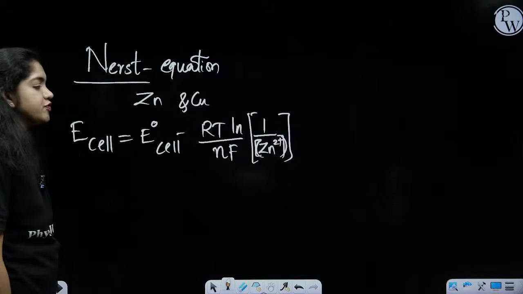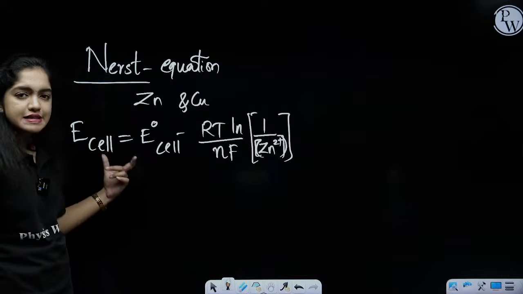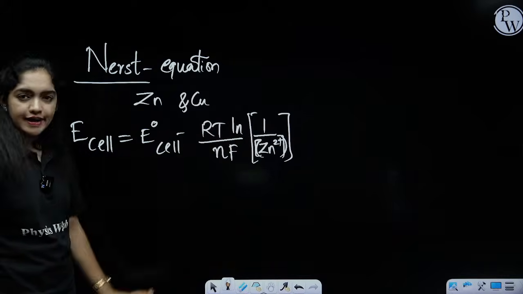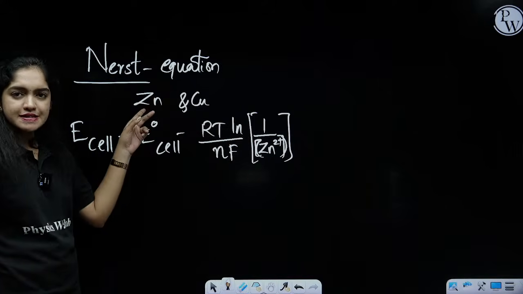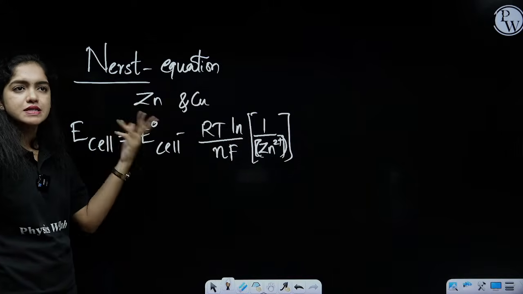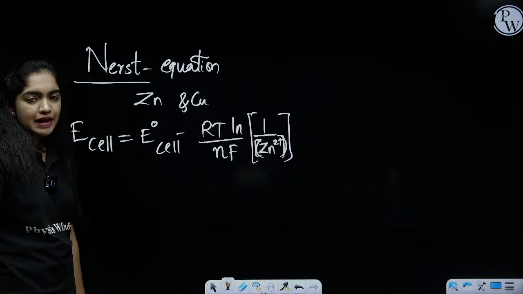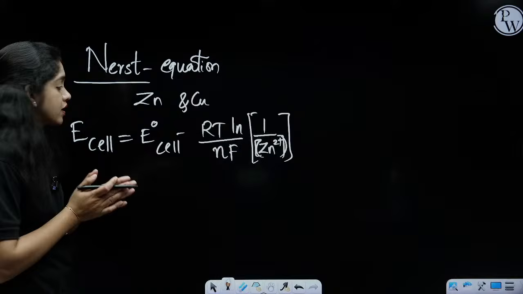This is the equation for oxidized. Oxidized means here I am taking zinc, because zinc is the oxidized one, zinc is the anode. Now it is given in natural logarithm ln. We need to convert it into log. So how will we do that?